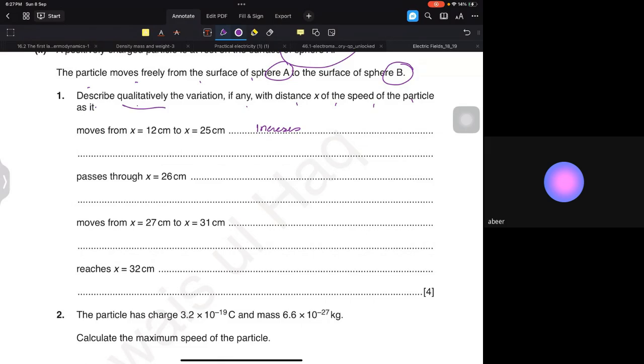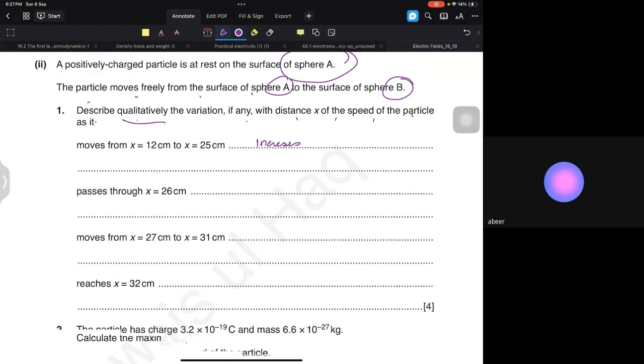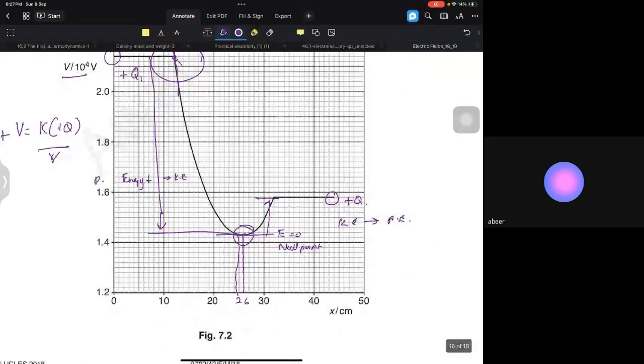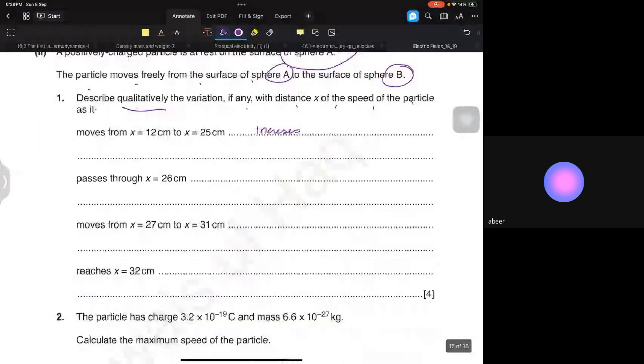So at this point, when it is passing through this, obviously at 26, like I said, that is the lowest potential, which is the highest kinetic energy. So let's say maximum speed. And then from 27 to 31, obviously speed will decrease, right?